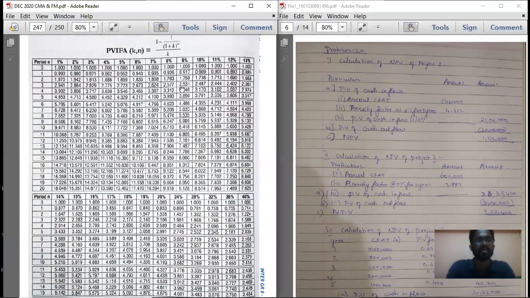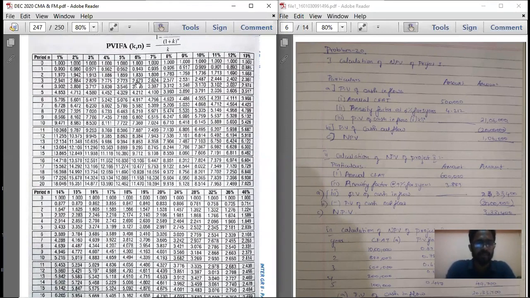At 6% discount rate for 5 years, the annuity factor is 4.212. So for small Roman number 2, annuity factor at 6% for 5 years, in the inner amount column record 4.212.